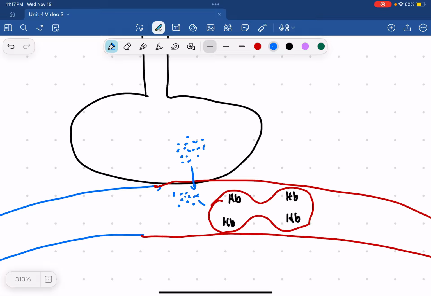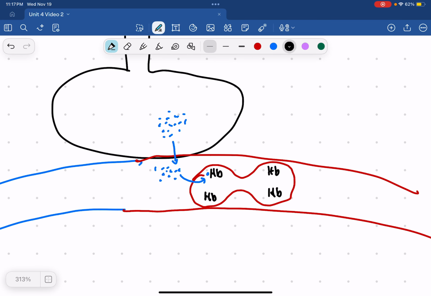And it binds to hemoglobin, and we transport oxygen primarily through hemoglobin. And so hemoglobin typically gets up to a really high number.